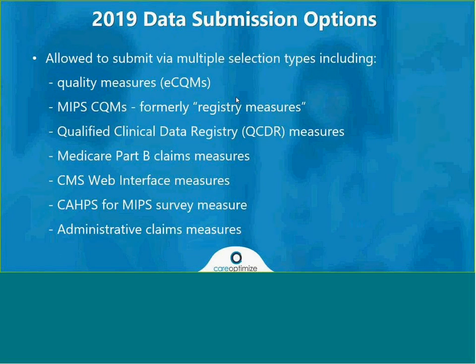So as you can see on this list, groups have some more options, which is nice. I know a lot of groups will take advantage of that. But all in all, it's just trying to give groups more flexibility than they did in previous years.